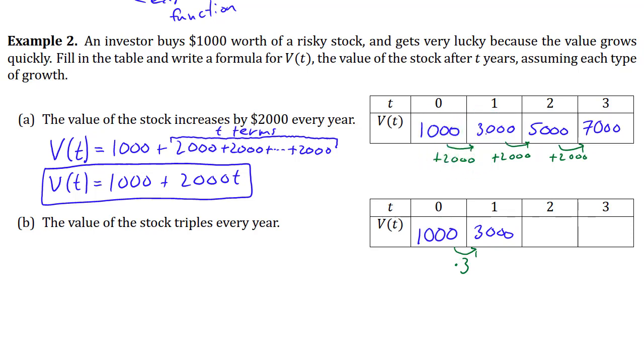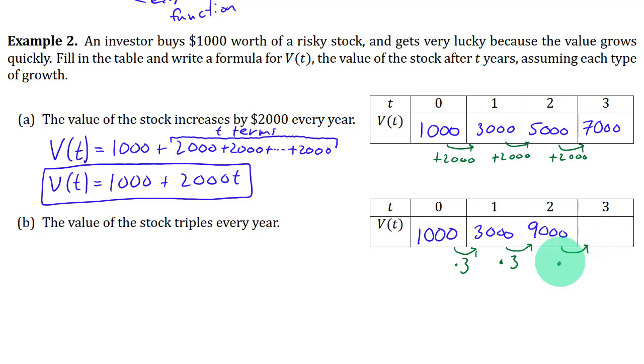Now, what if it triples again? 3,000 times 3 is 9,000. And at this point, you'd realize, wait, tripling every year is better than adding 2,000, because this time it went up by a lot more than it did under the Part A scenario. So 9,000 is way more than 5,000.